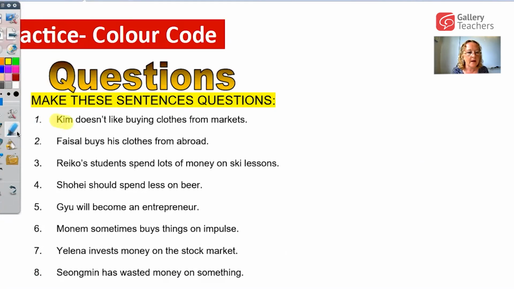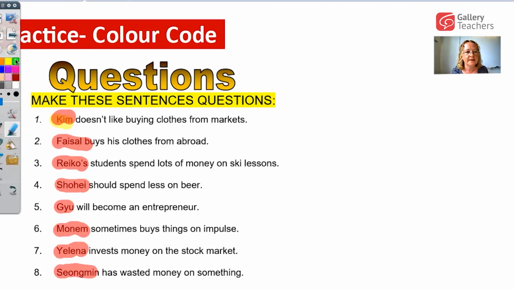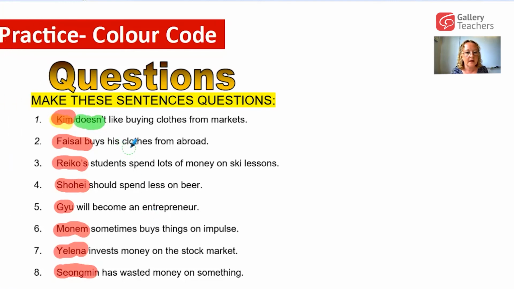So here I can see that I want my subject to be red. So here are the names of my students that I put in. There's my subject. I'm going to see if I can see auxiliaries. Oh, so auxiliaries, I've got a doesn't. I can't see an auxiliary here. I can't see one here.